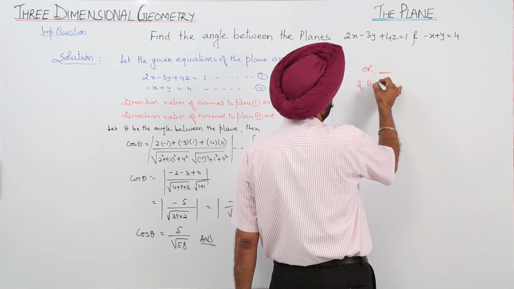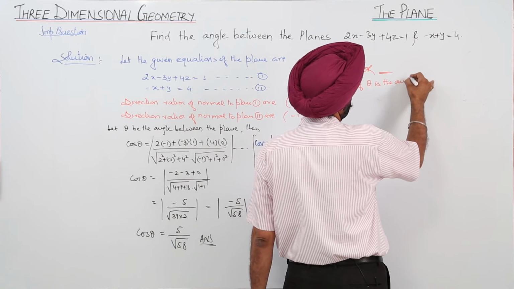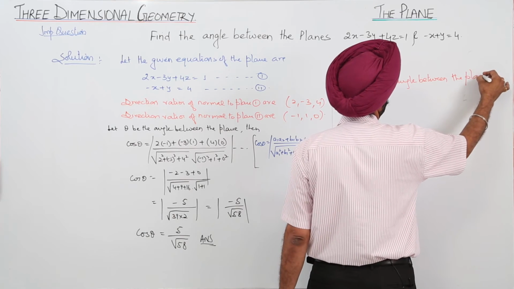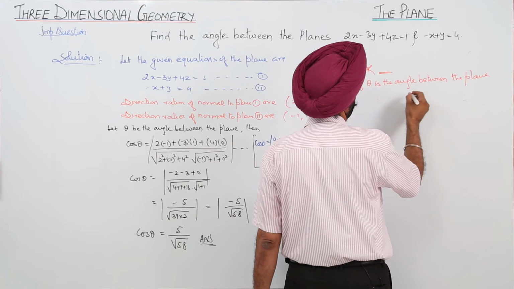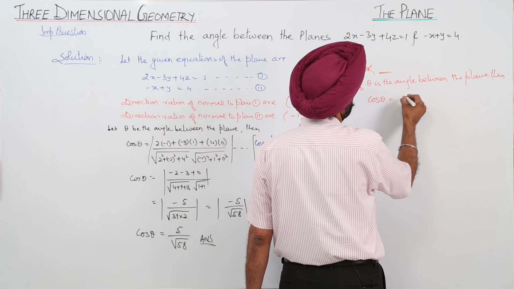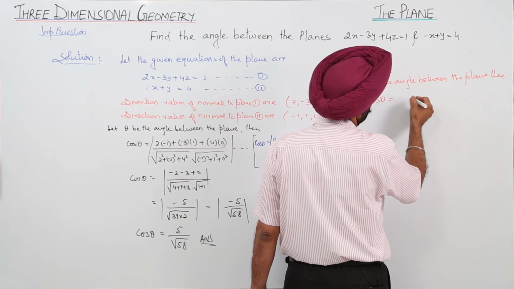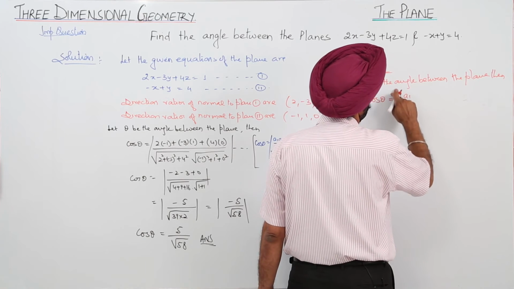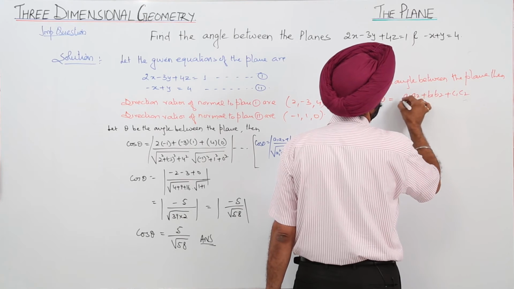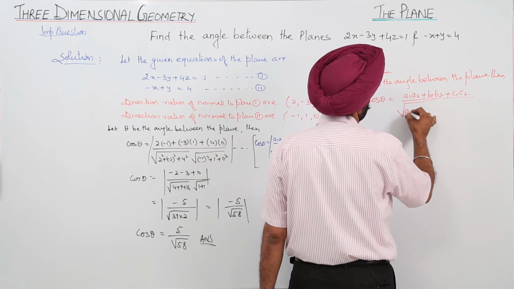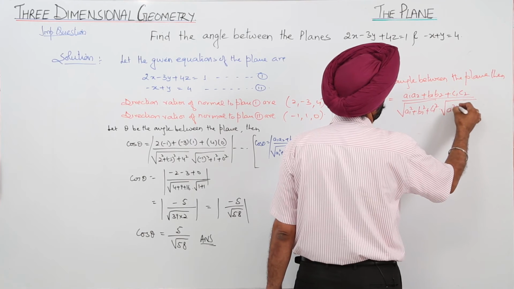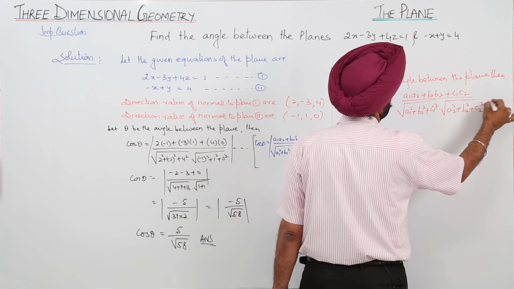If theta is the angle between the planes, then cos theta is equal to a1 a2 plus b1 b2 plus c1 c2 upon square root of a1 square plus b1 square plus c1 square with square root of a2 square plus b2 square plus c2 square.